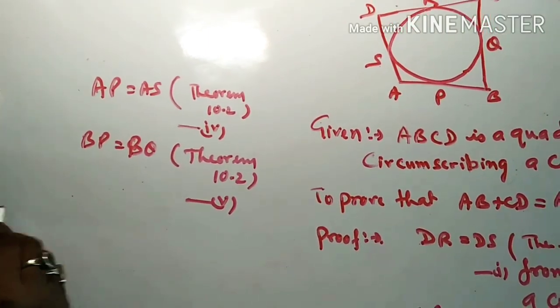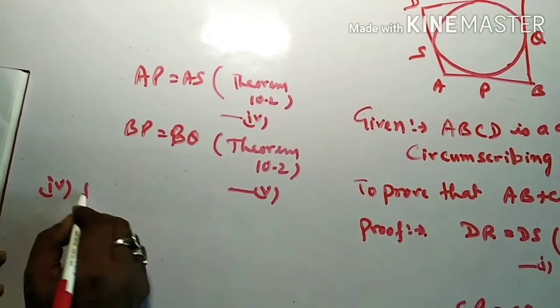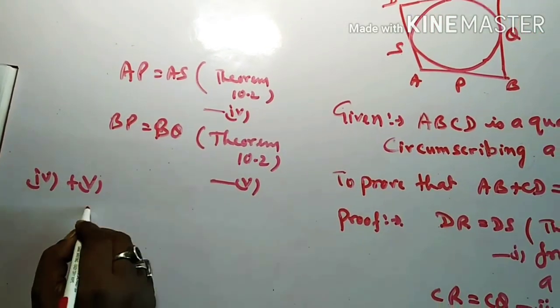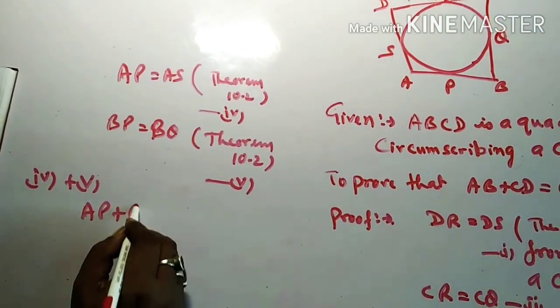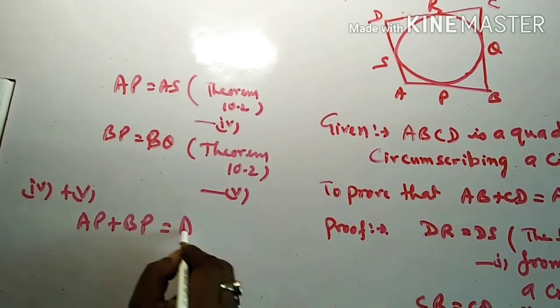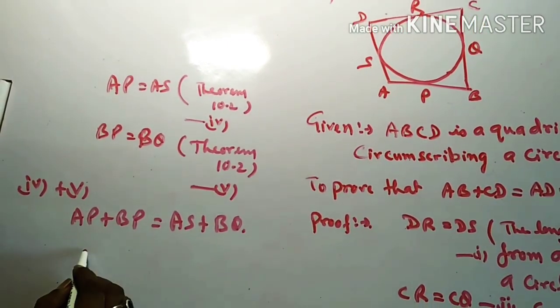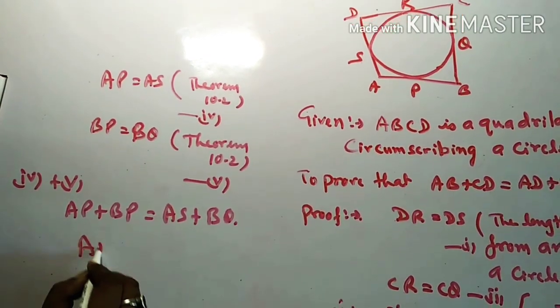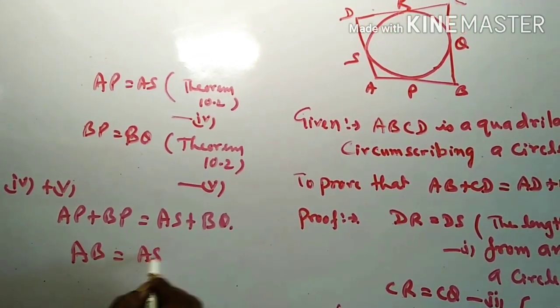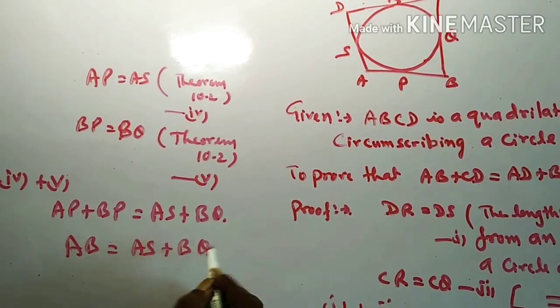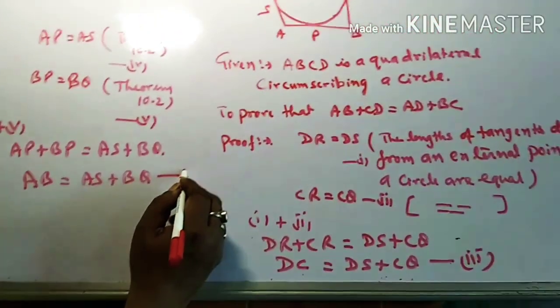Now 4 plus 5, that is AP plus BP is equal to AS plus BQ. AP plus BP, this will be AB, that is AS plus BQ. This is equation 6.